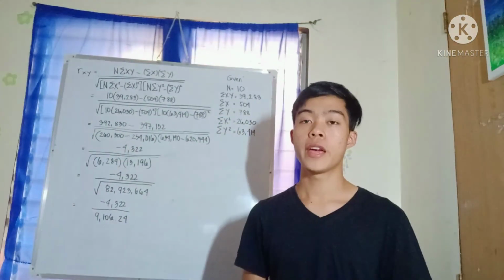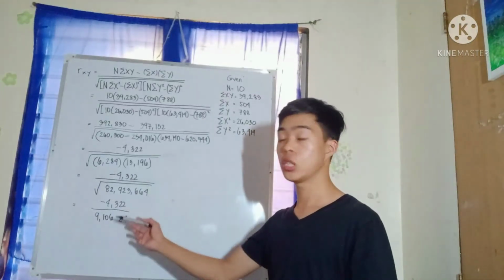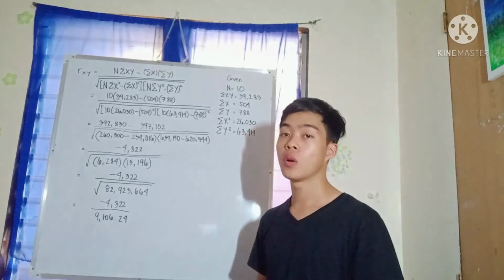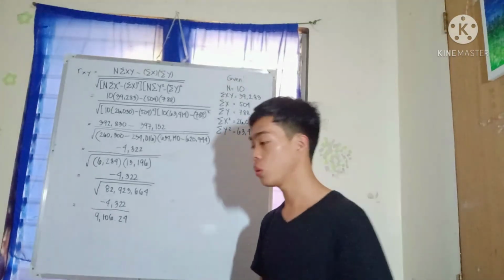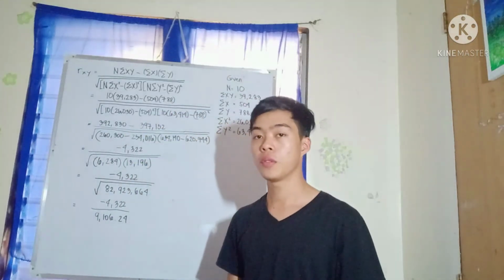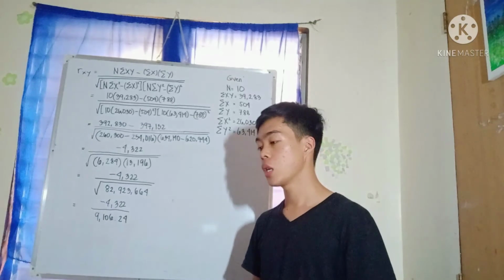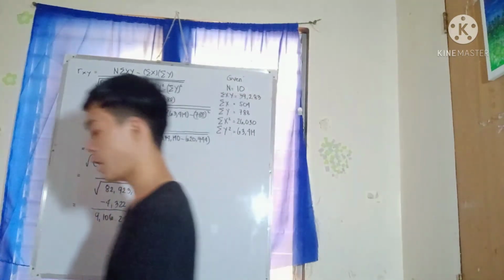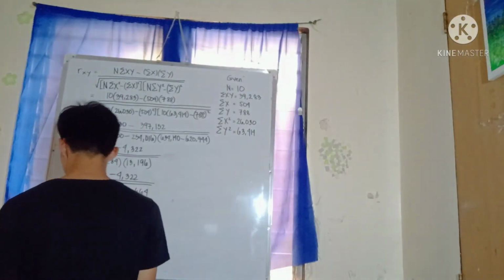Then we will divide negative 4,322 by 9,106.24, which is equal to negative 0.4746 1960 1504.